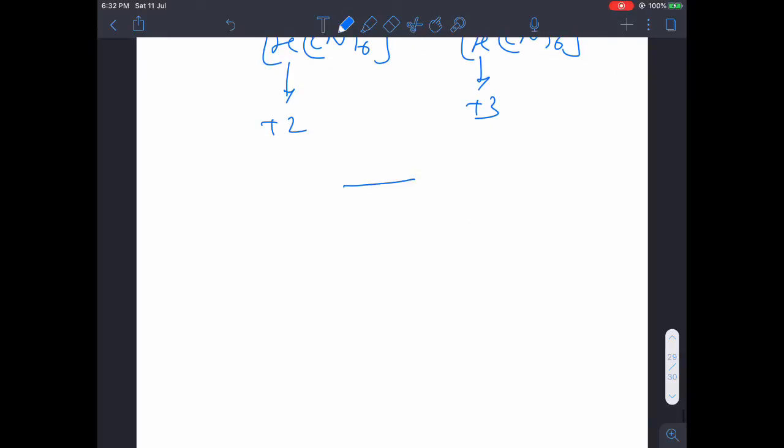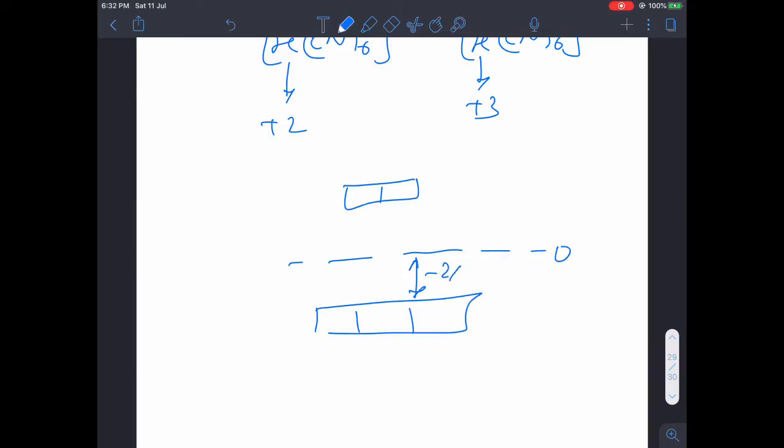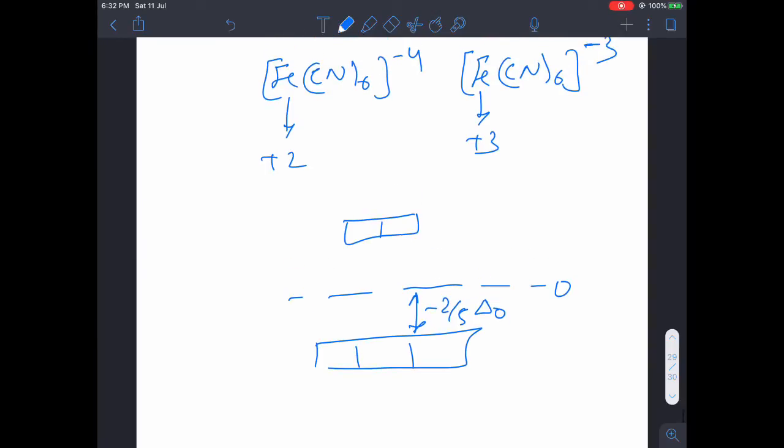Now, if you draw the CFSE diagram, this is the average value of 0, this is minus 2 by 5 delta O, then you can see in both of these cases 1, 2, 3, 4, 5 and 6. 6 will be for this case because it is d6 and this one is basically d5.